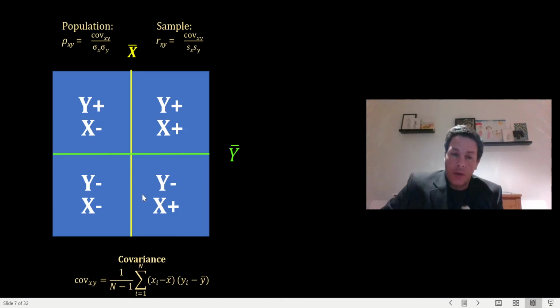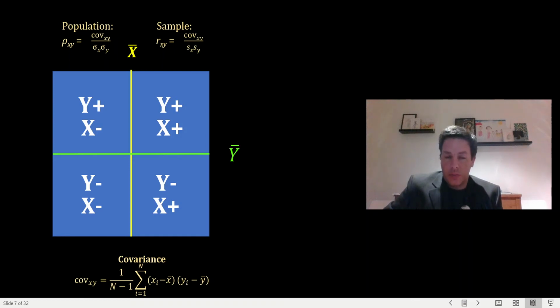Likewise, same here. And therefore, when we multiply those values, the values will be negative. So if there are more values in this diagonal, then the correlation will be negative. And if there are more values in this diagonal, then the correlation will be positive.